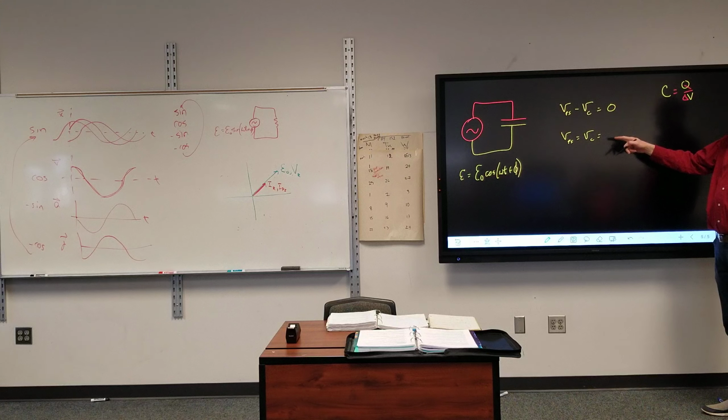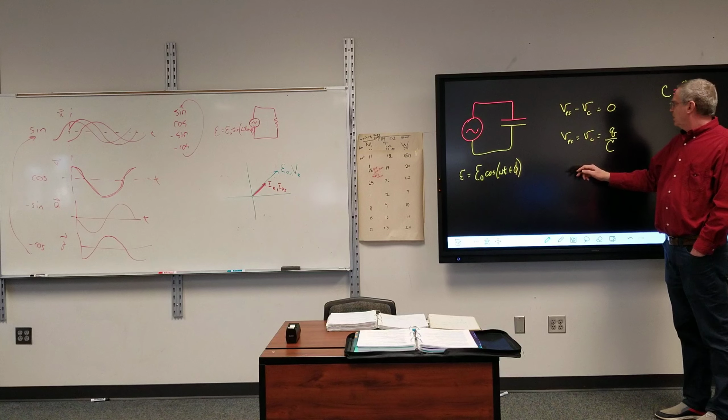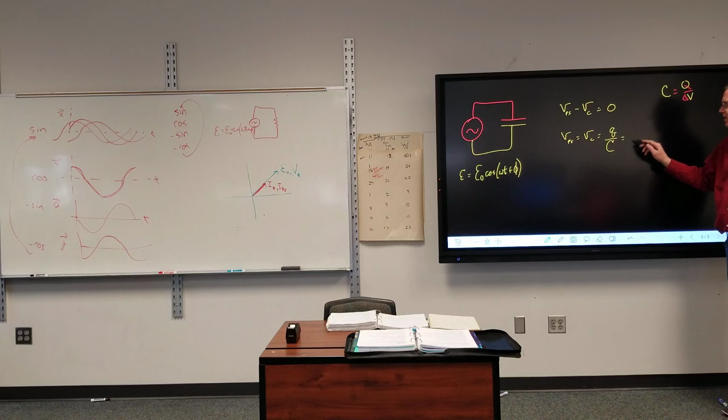So voltage would be charge over capacitance. I'll put a lowercase q since it's constantly changing, over capacitance. So that is equal to epsilon sub naught cosine of omega t plus phi.